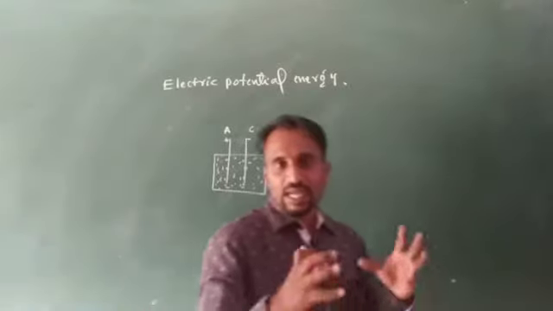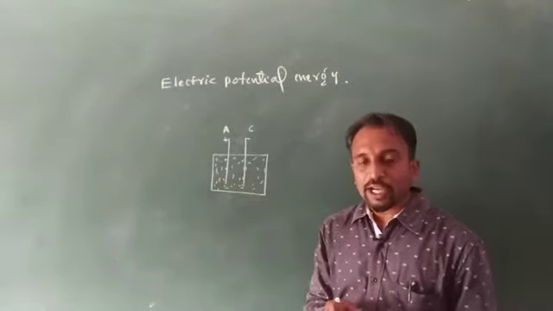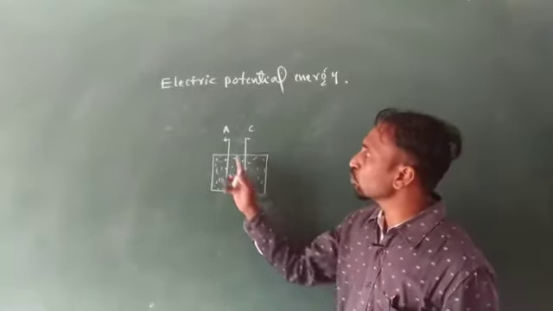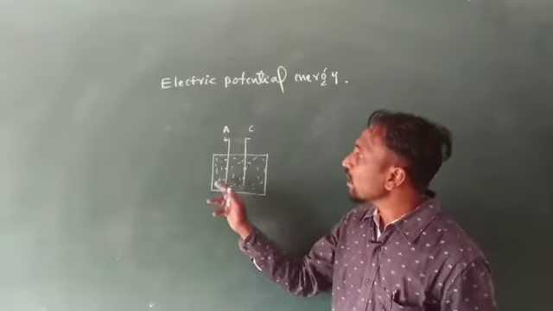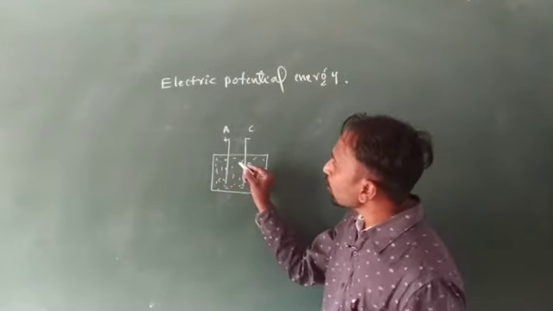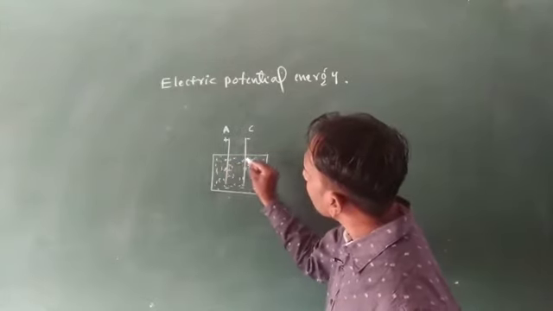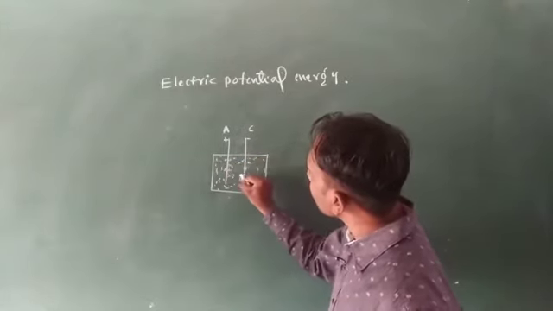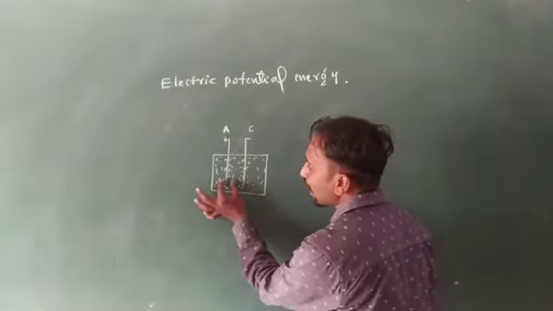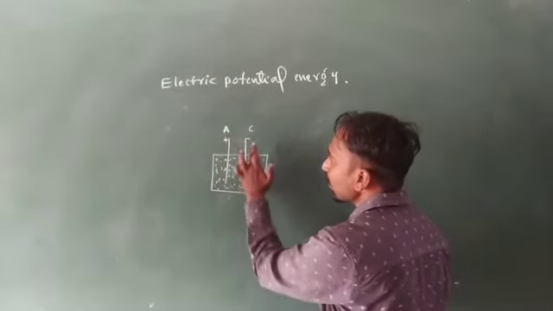Anions and cations are present inside these chemicals. All cations move towards the anode and all anions move towards the cathode. Then this side becomes positively charged and this side negatively charged, because of the presence of anions and cations. So this is the anode and this is the cathode.